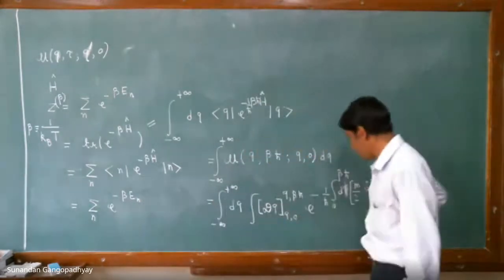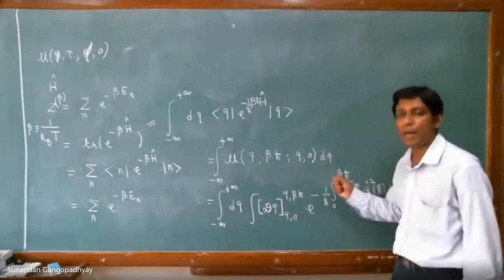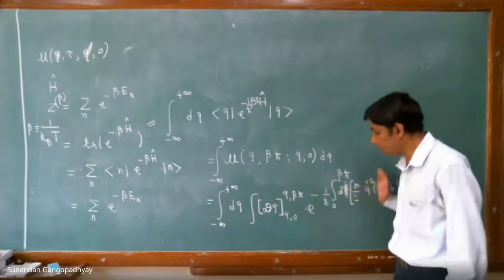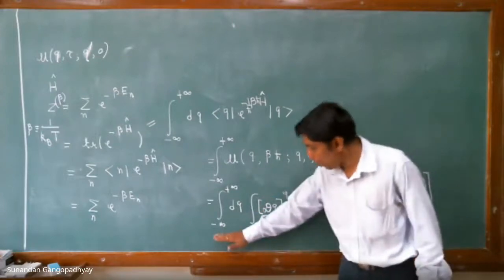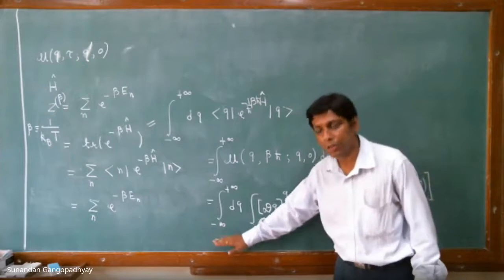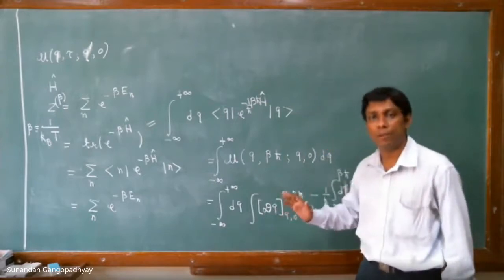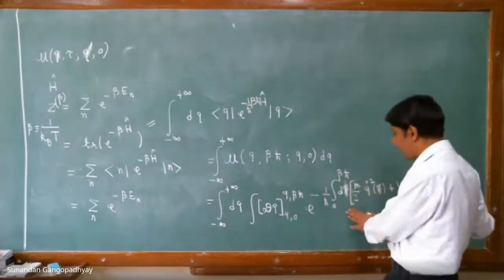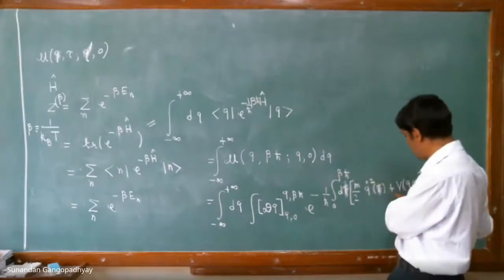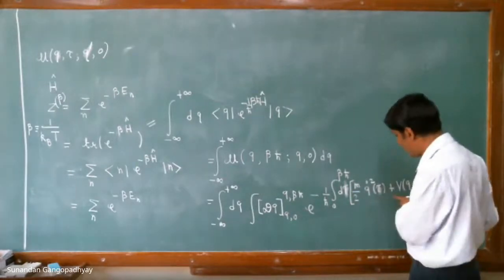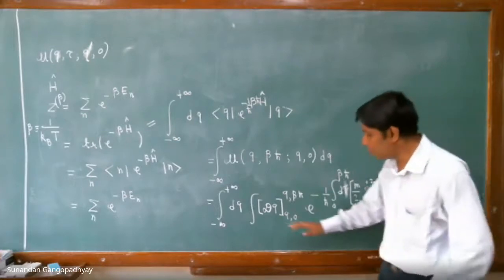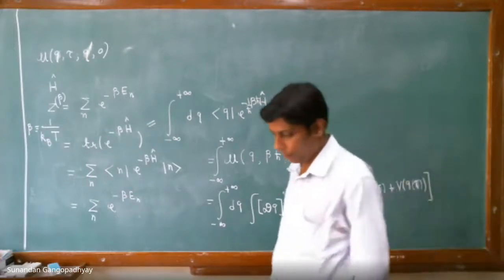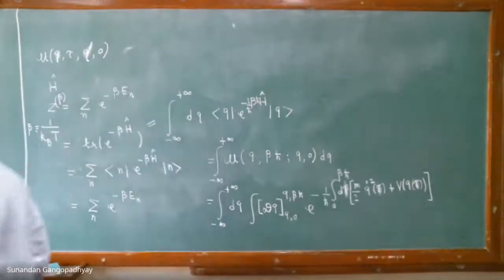But here you interpret this beta h bar as the dimension of time, and therefore this is a one spatial dimension theory, but it also has one time dimension. And this time dimension, this is a Euclidean theory because this sign has changed. This Lagrangian, you should have a minus sign over here, but you have a plus sign. So this is a Euclidean theory with one time dimension more.